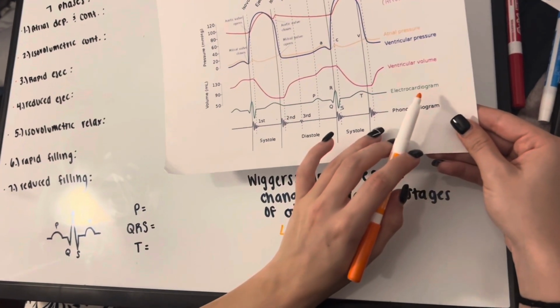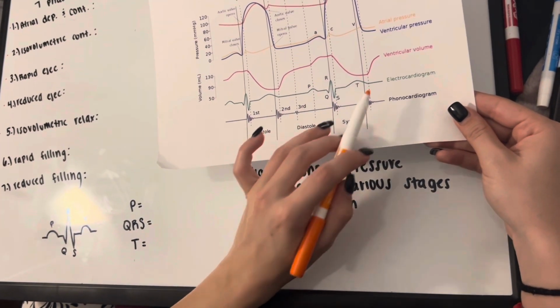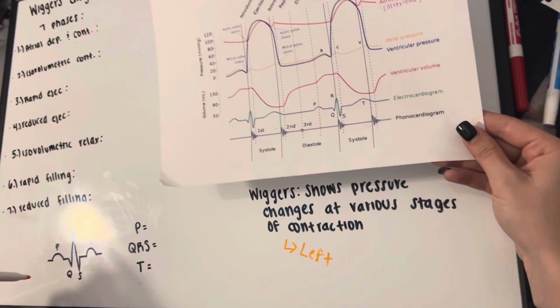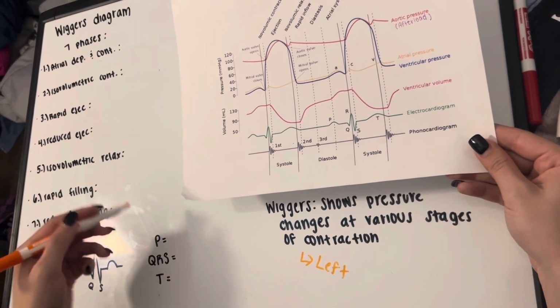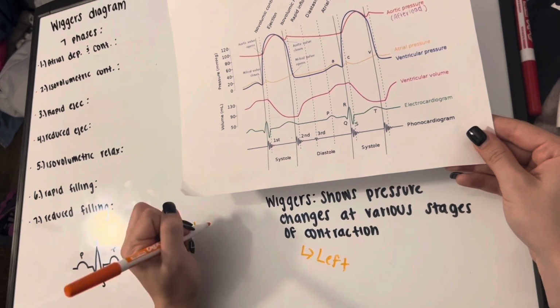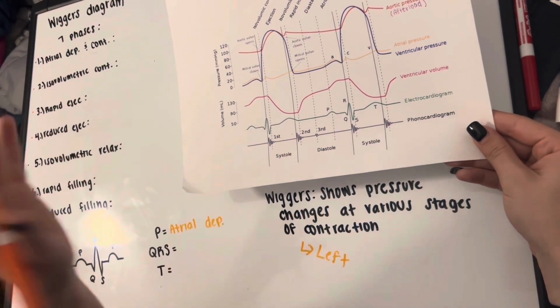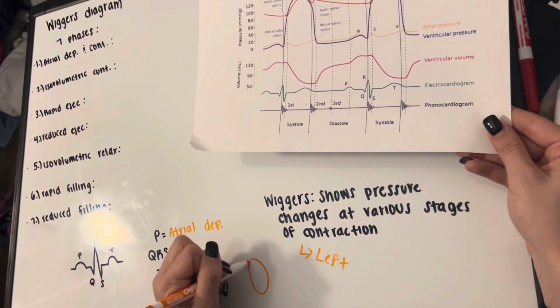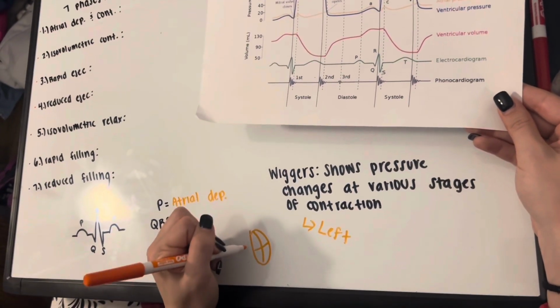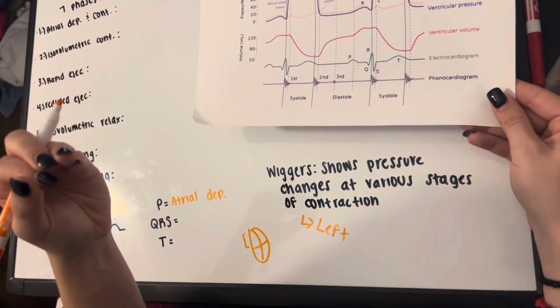At the very bottom here, you have the electrocardiogram, which has your P, Q, R, S, and T, and that is labeled here. Your P wave represents atrial depolarization. This is whenever your atrium, that top half of your heart here, depolarizes and has a signal going through.